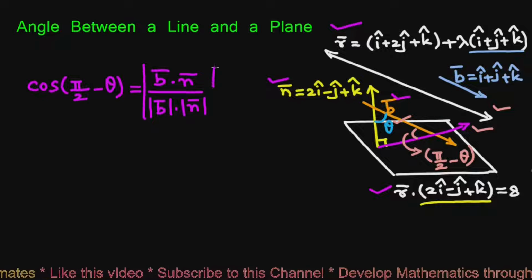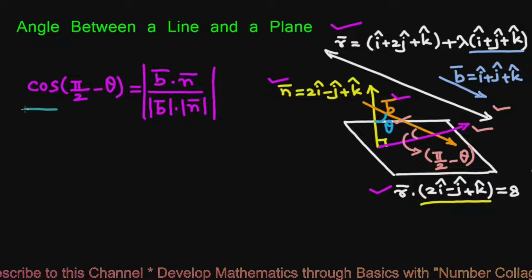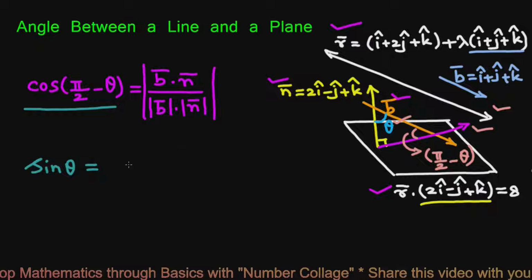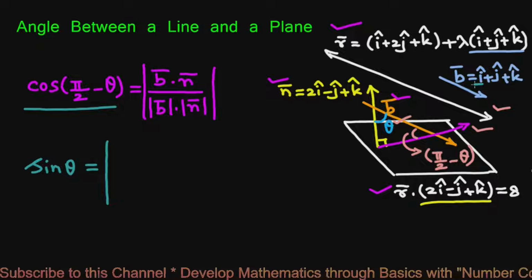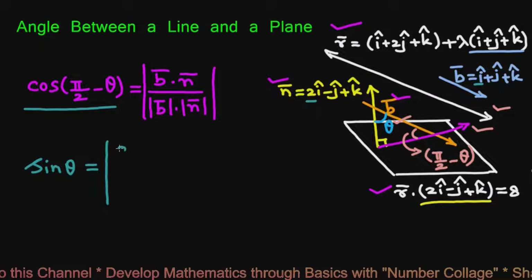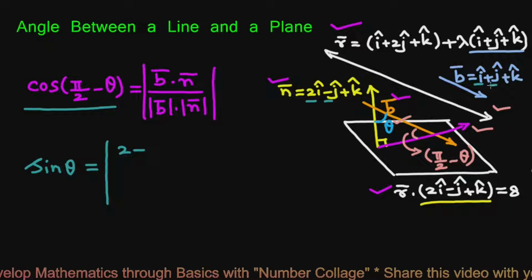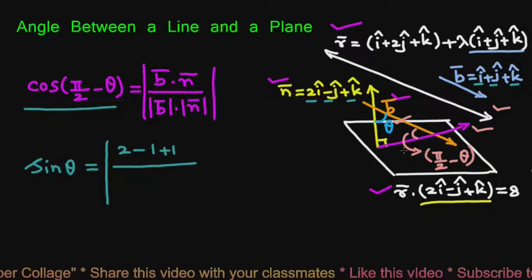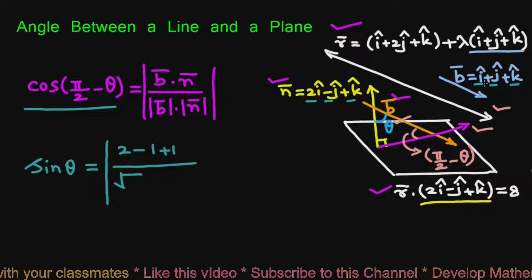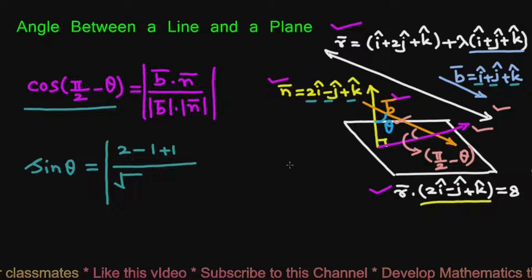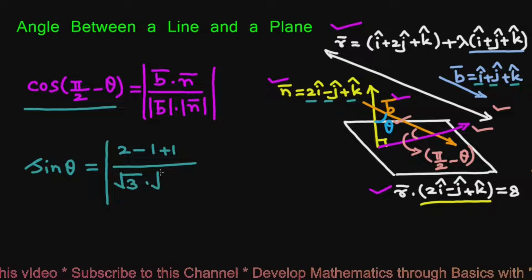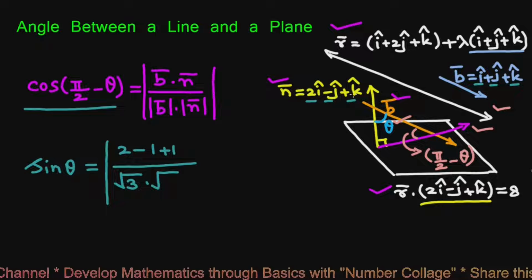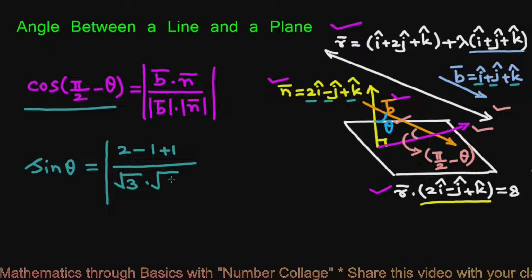We know cos of pi by 2 minus theta is sin theta, so b bar dot n bar will be 1 into 2, which is 2, minus 1 into 1, plus 1 into 1, upon mod b bar, which is square root of 1 square plus 1 square plus 1 square, that is root 3, into square root of 2 square, that is 4, plus minus 1 square, 1, plus 1 square, 1, so that will be root 6.